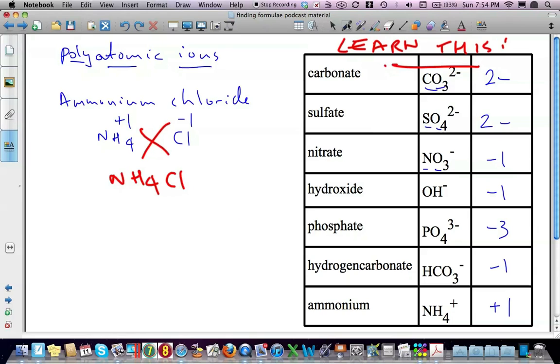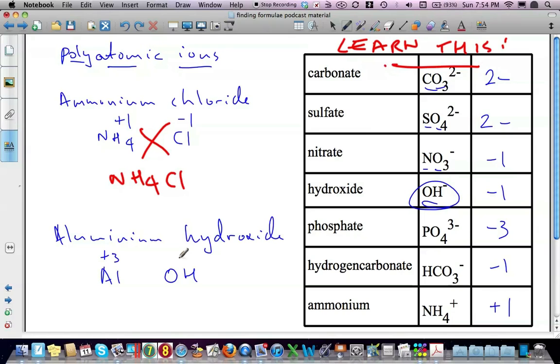Let's choose a harder example, because that one was a bit easy. Aluminium hydroxide. Aluminium's in group 3. Hydroxide, well that's up here, so it's -1. Well, you're going to need 3 hydroxides for every 1 aluminium.